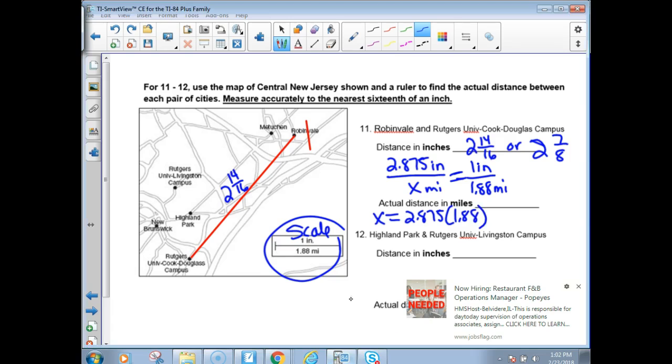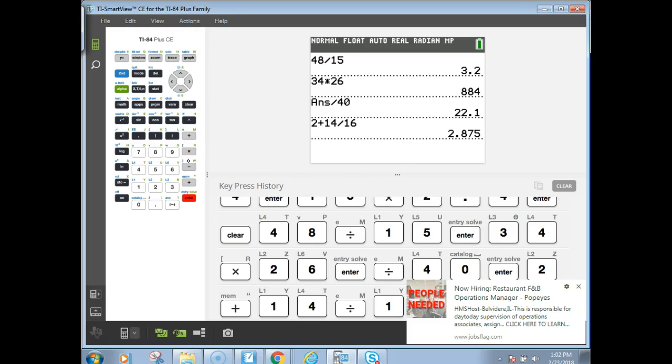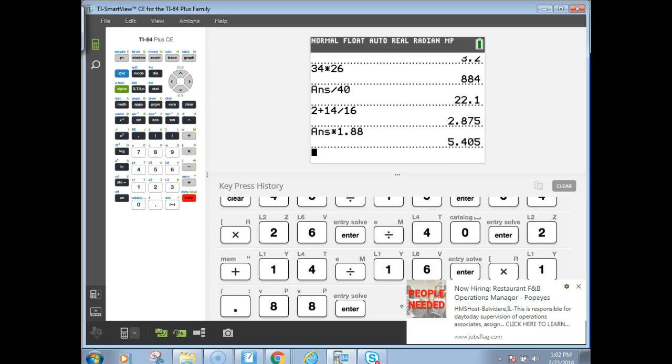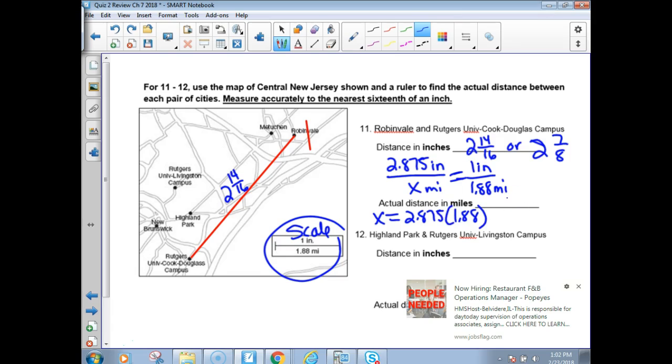Let's grab a calc. I already got the 2.875 there, so I'm going to multiply that by 1.88. Inches times 1.88, 5.405. Now, you can just write that whole thing down, 5.405, and label it with miles.